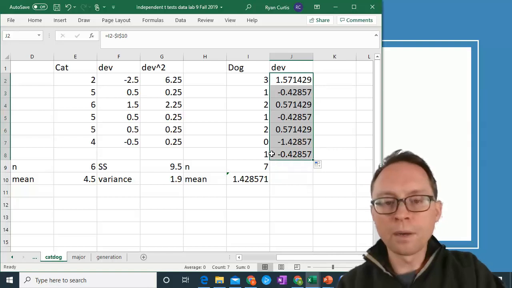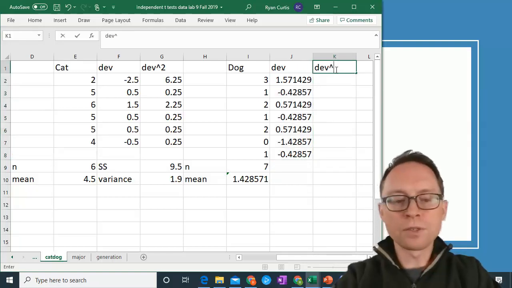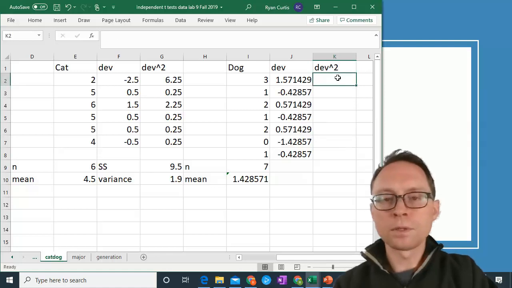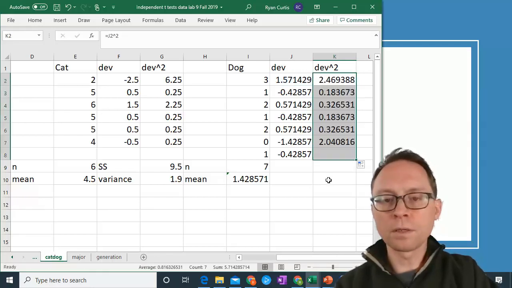Okay, now we're going to do the deviation squared. Let's do that. Deviation squared. So it is this squared. We'll do all of these.